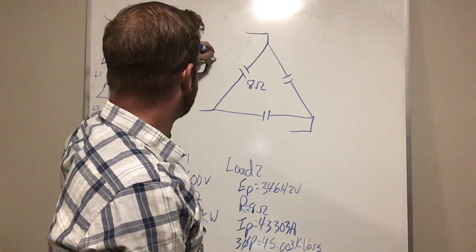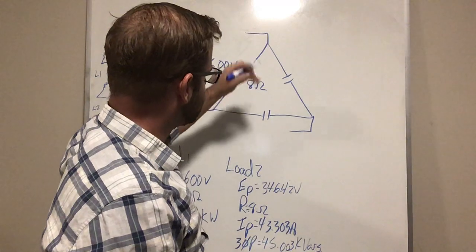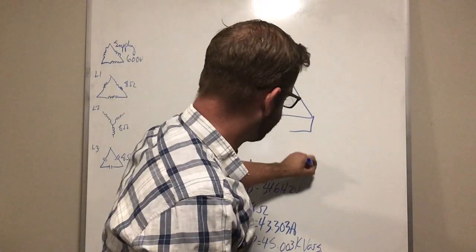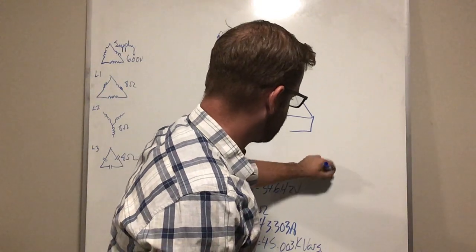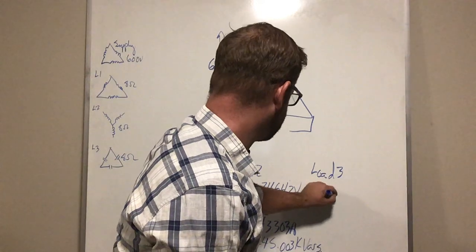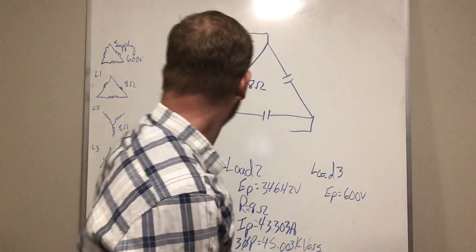Line voltage of 600 volts. We know that in delta our line voltage and phase voltage are the same. So load 3, E phase is equal to 600 volts.